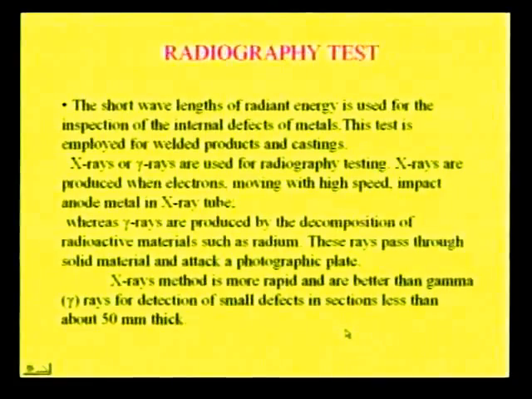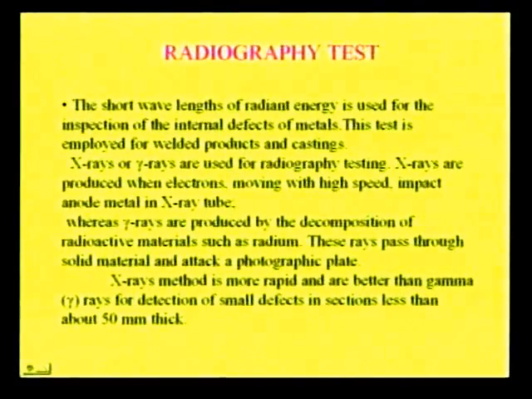Let us come to the first one, the radiography test. In the radiography test we use X-rays and gamma rays. The short wavelength of radiant energy is used for the inspection of internal defects of metals. This test is employed for welded products and castings. In welded products and castings, some internal defects develop due to the formation of cavities or blowholes in the molten metal.